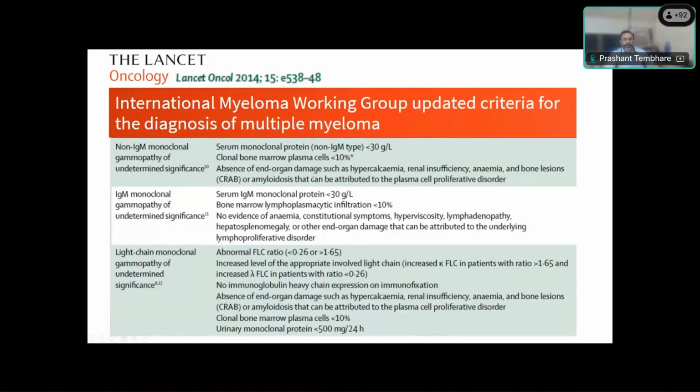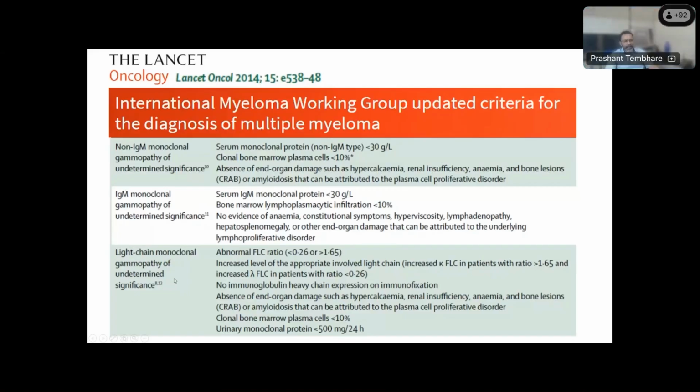And absence of end organ damage defining criteria for the CRAB or amyloidosis, like hypercalcemia, renal insufficiency, anemia, and bone lesions. Now coming to the IgM type of MGUS, it includes again similar features. The only thing is the monoclonal protein involved is IgM type.